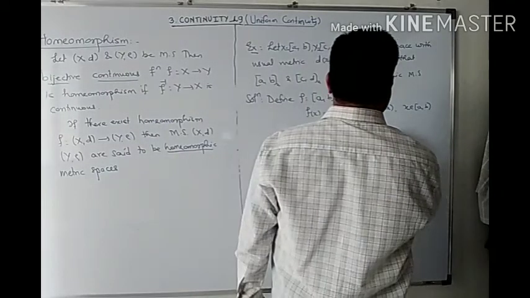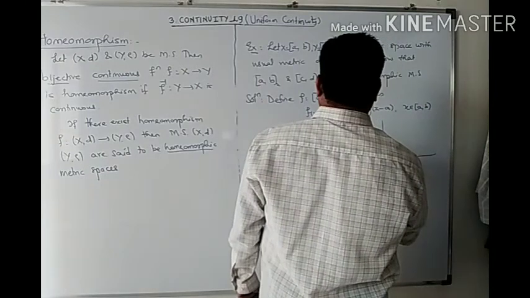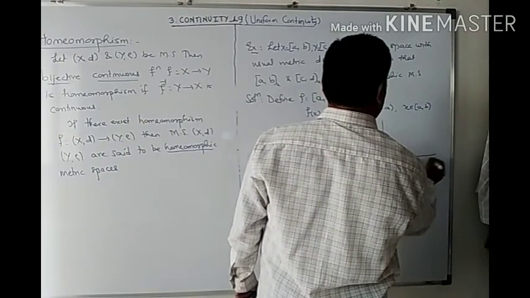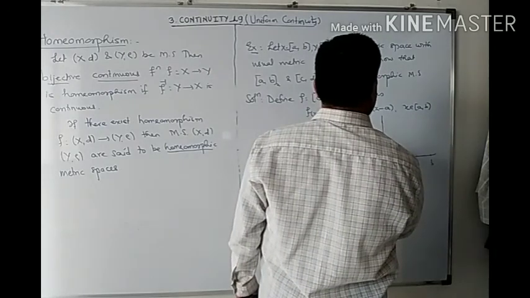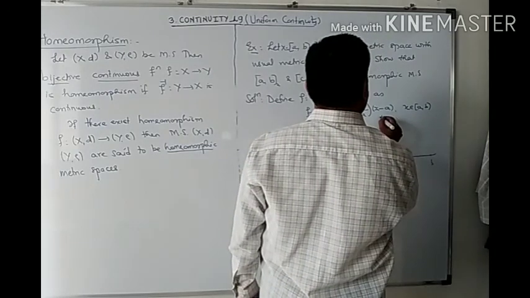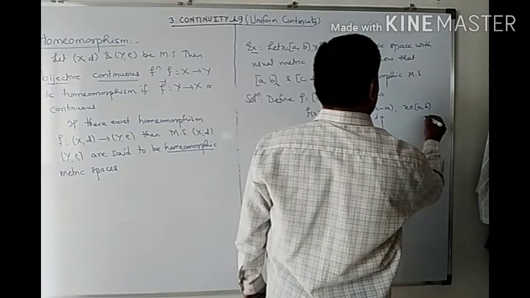So if you observe, this is a to b, and this is c to d. This is your (a, c) point and this is your (b, d) point.